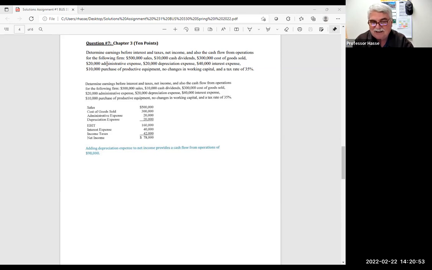Thus, I now get a net income of $78,000. Remember, cash flow from operations is net income plus depreciation plus or minus working capital. Well, net income is $78,000. Depreciation is $20,000, and there's no changes in working capital. So answer number three, cash flow from operations is $98,000. Good job.